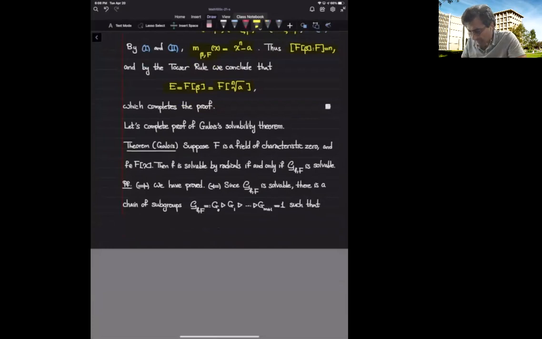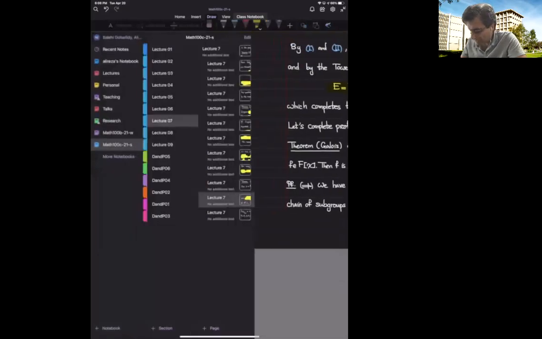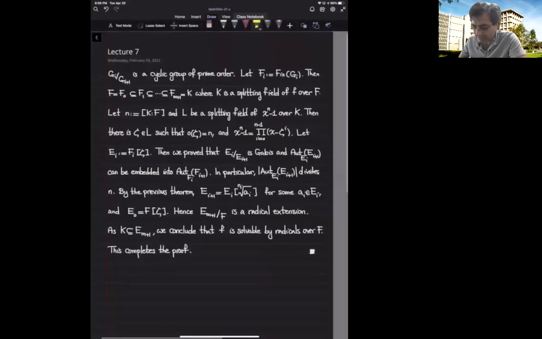So assuming that I have this solvable group, we showed existence of a tower of field extensions that we denoted by E sub i's, where the E sub i's are Galois extensions. Each one is Galois in the next one, and the group of automorphisms is a cyclic group, and it divides n, where the E sub i's contain nth roots of unity.